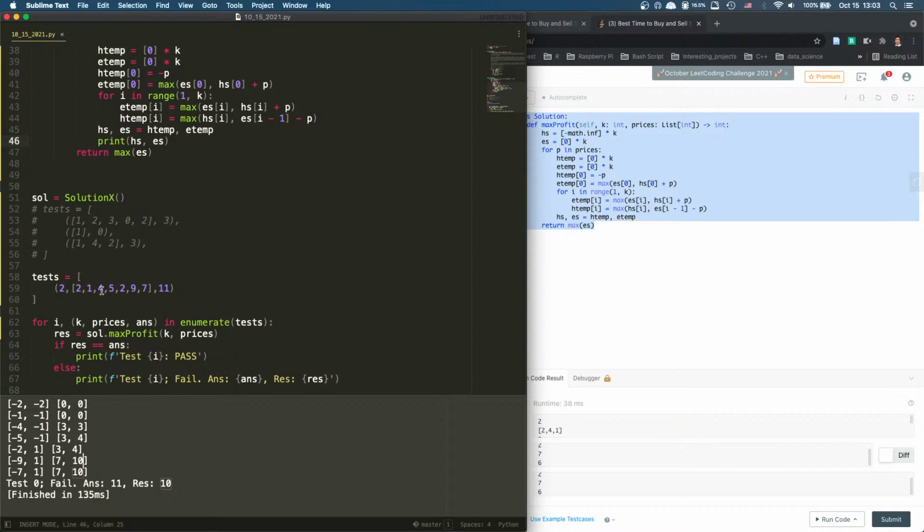Buy 1, sell 4, that's 3. Buy 2, sell 9, that's 7. That's 10. We have 3, buy 1, sell 4, and buy 1, sell 5, right? So 1, 2, 3, 4, 5. At this point, we have 4.